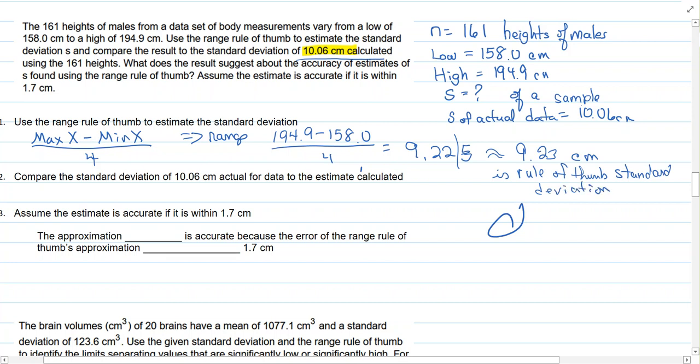Alrighty, so we did that, and now they want us to compare the standard deviation of 10.06 to the estimated calculated one. So to compare means to take a difference.